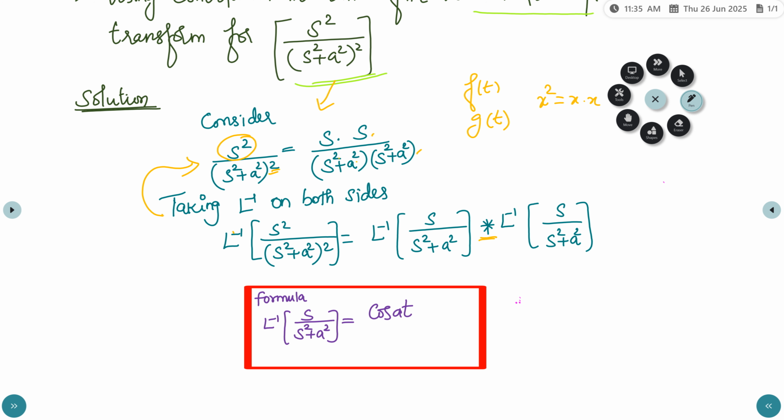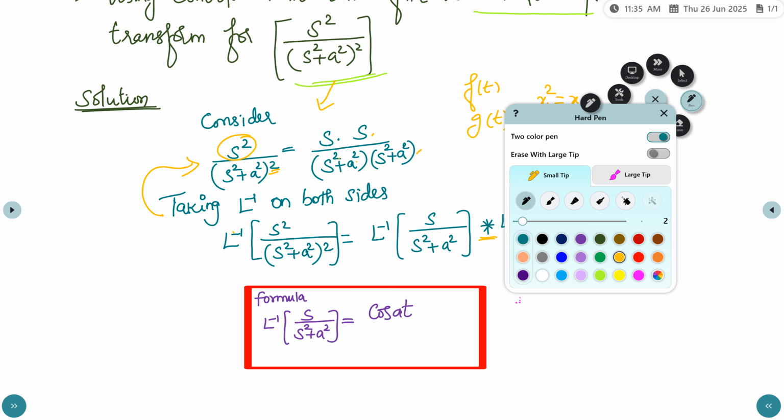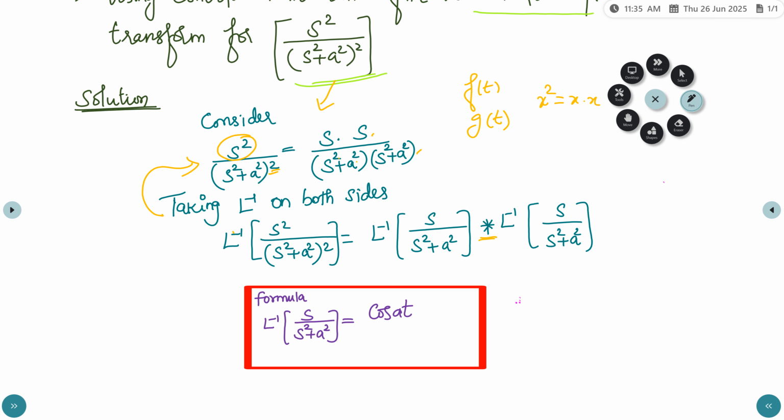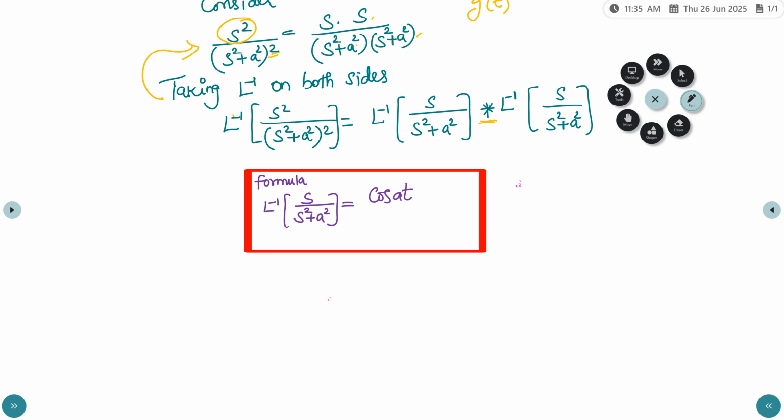What our convolution theorem says: if there are two functions f of t star g of t, we already saw the formula, taking integration. In the first function t is replaced by u, and in the second function t is replaced by t minus u. Before that, apply L inverse for this function.